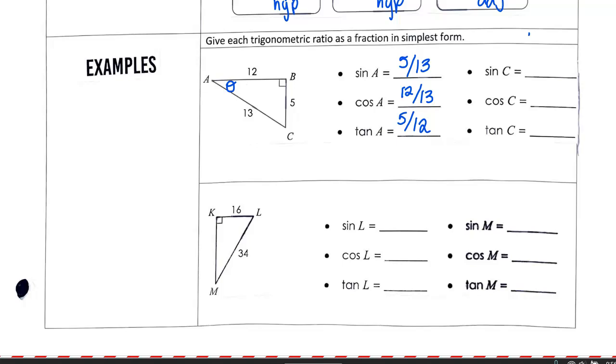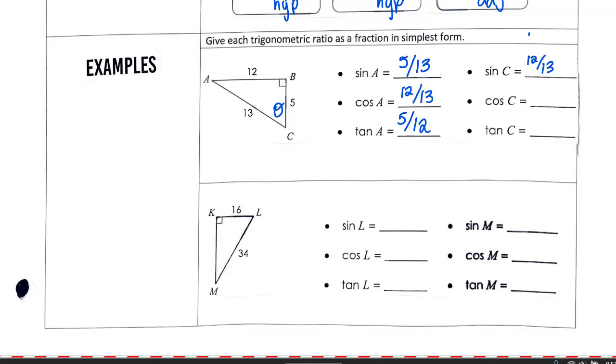Okay, now we're going to do this for angle C. So we're going to move our little theta symbol right there. Now for sine, we are looking for opposite over hypotenuse, sorry, and our hypotenuse is still 13.